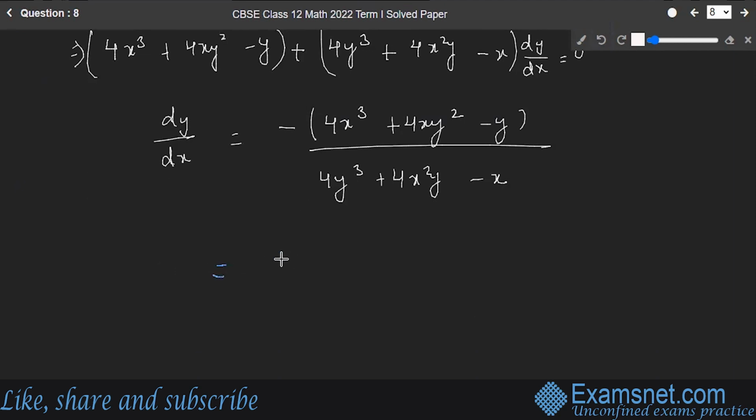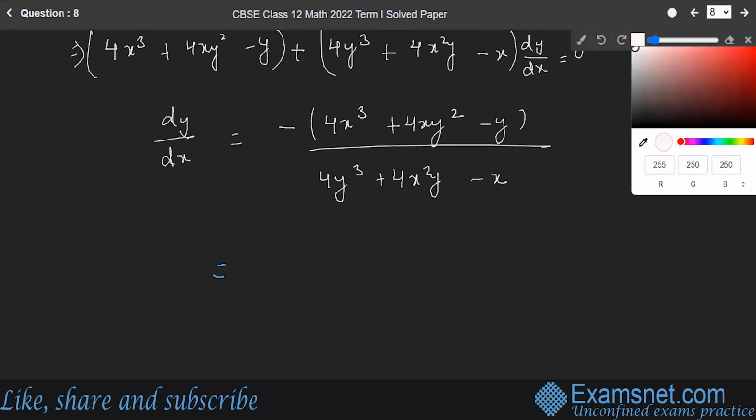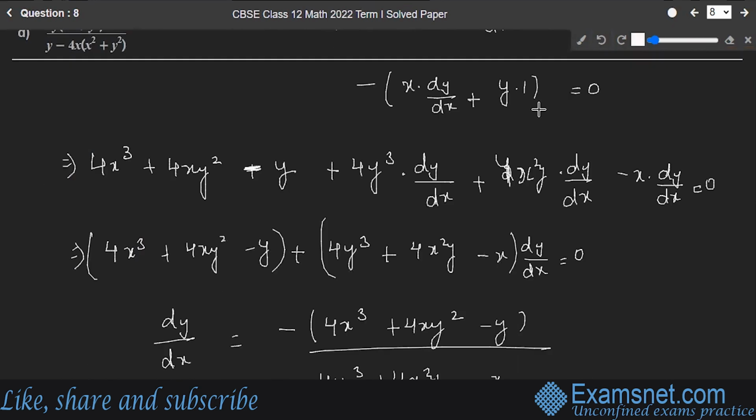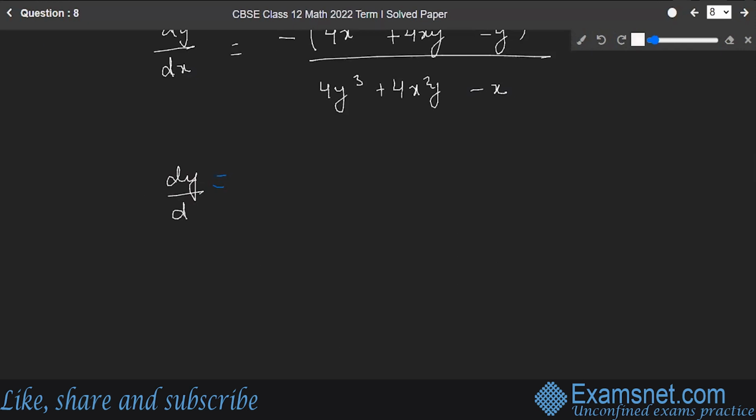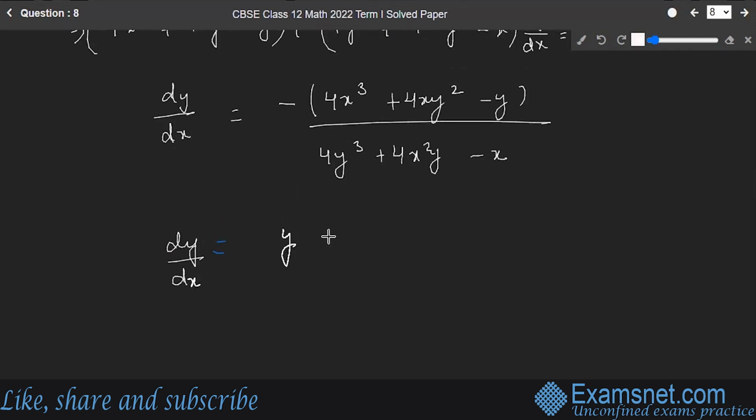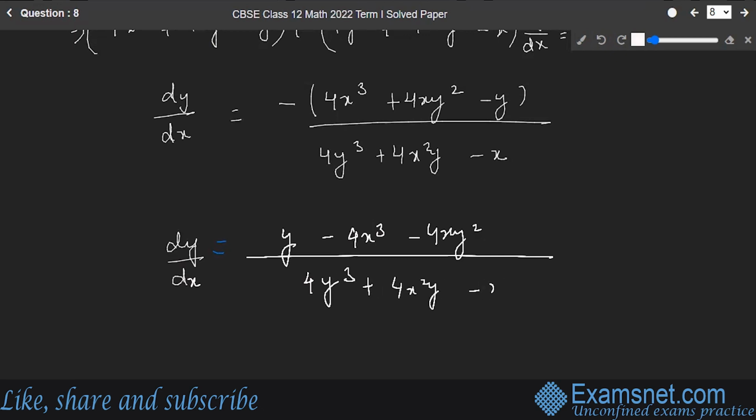This can be written as dy by dx is equal to y minus 4x cube minus 4xy square whole divided by 4y cube plus 4x square y minus x.